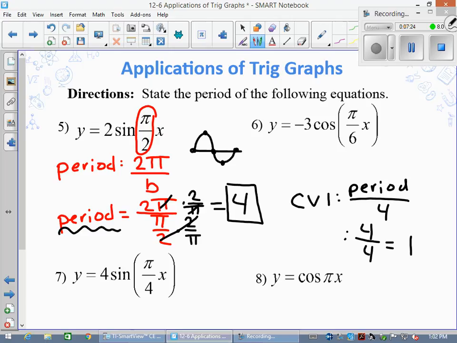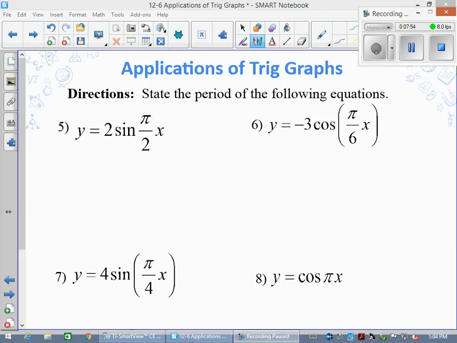So when you look in your equation, if you have a b value that is in terms of pi, our period is going to end up being an integer number. On the reverse side, in the equations that we have been doing, we had a b value that was an integer, and our period ended up being in terms of pi. Now it's just the opposite of that.